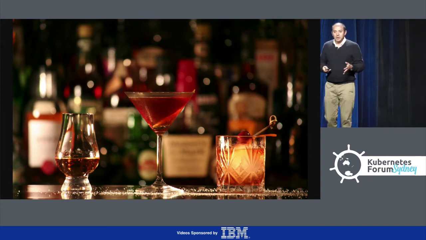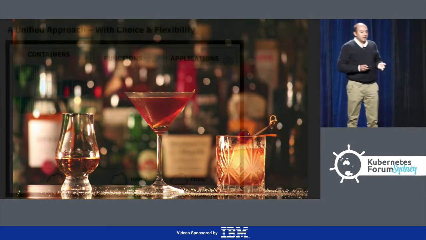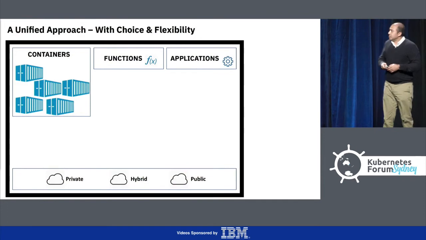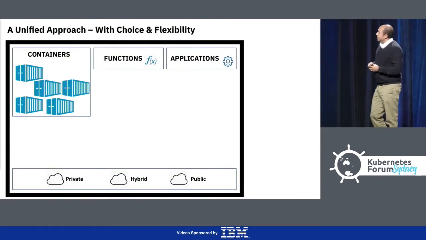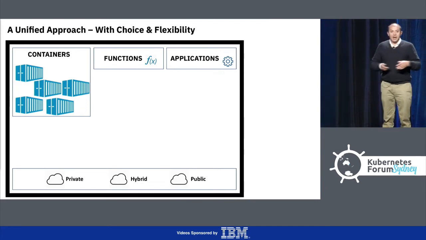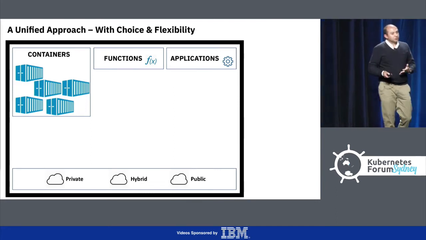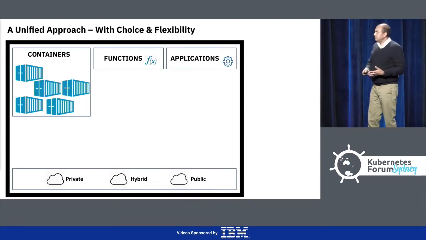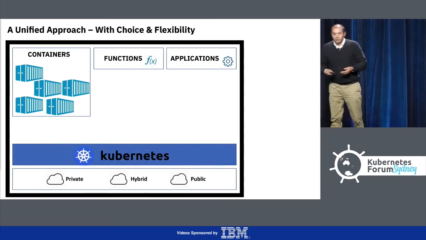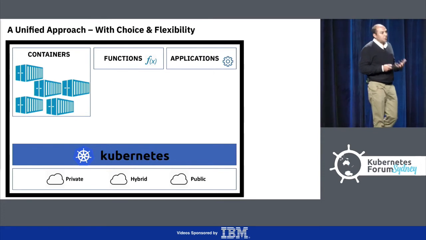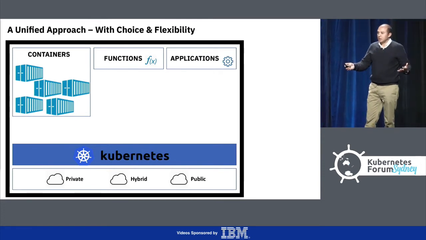So what we're taking here is that experience of containers and functions and applications, and looking at how they run across these varying models of cloud: private, hybrid, and public. And the glue in all this is Kubernetes. That's why we're here.